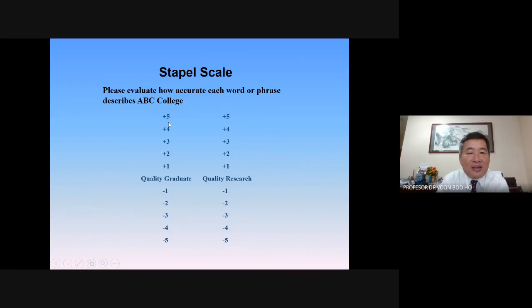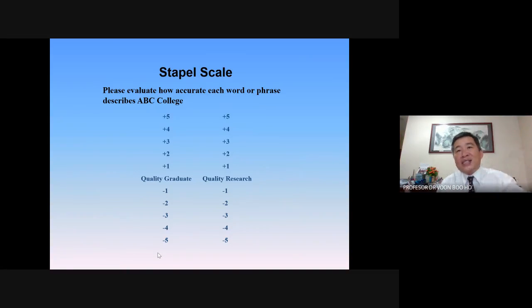If the respondent extremely disagrees with that phrase, that respondent will circle -5, right? So you can see that within this continuum of positive and negative numbers, the respondents can express their level of agreement towards that particular noun, phrase, or adjective.